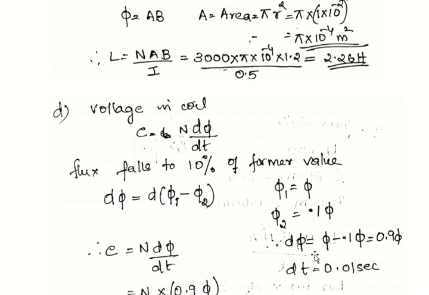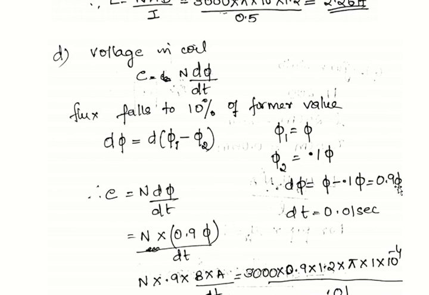So what is the final flux? 0.95. So the flux falls to 10% of the former value. So what is d phi? Phi 1 minus phi 2, that is phi minus 10%, means 0.15. So 0.95 is the change in flux.